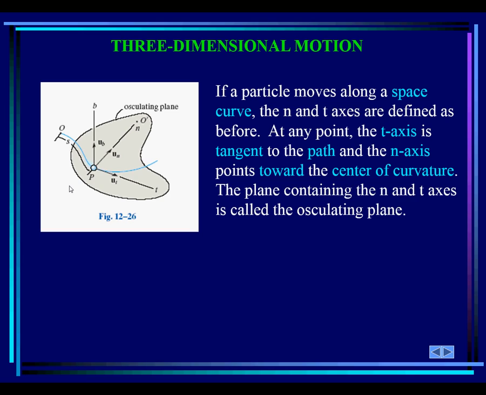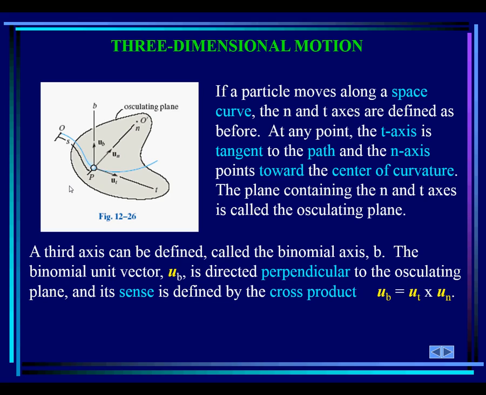The t-axis is tangent to the path and the n-axis points toward the center of curvature. The plane containing n and t is called the osculating plane, or I would call it the operating plane, to make it a little easier.